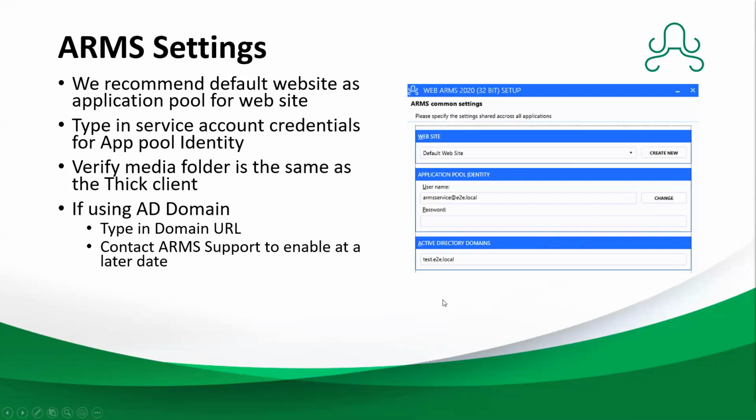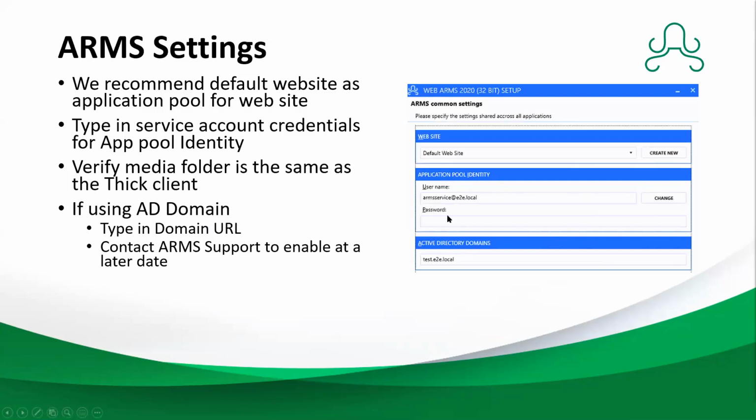And the next page, after you verify the database credentials and server, there is the ARM's common settings. This is where you'll run the services, run the application pools as the service account, and type in Active Directory domain. So at the top, you have your default website, and we recommend just leaving it as that because that is what IIS uses on the server.